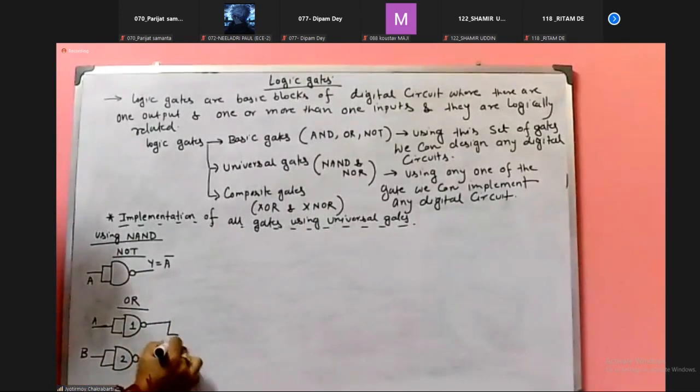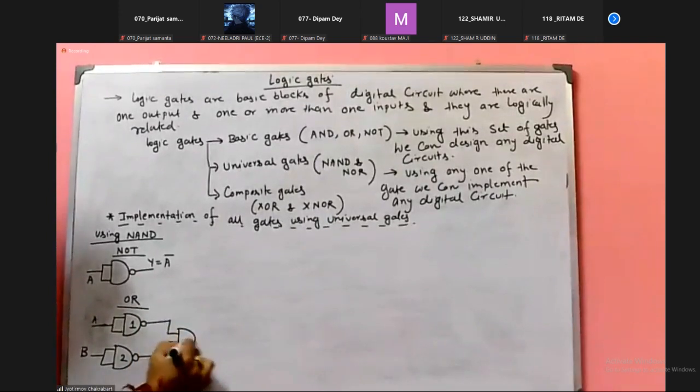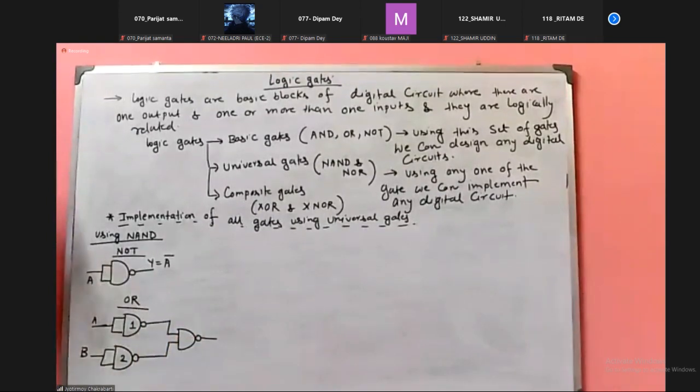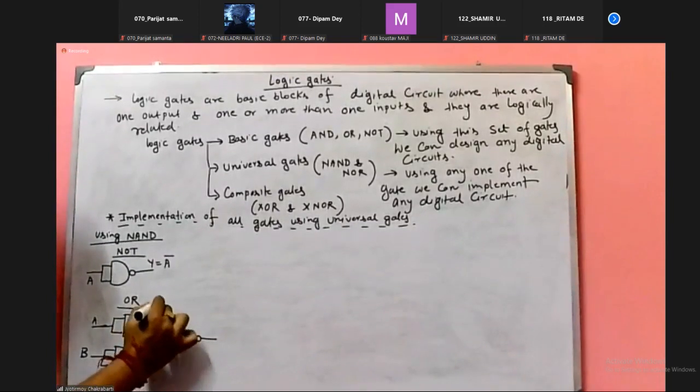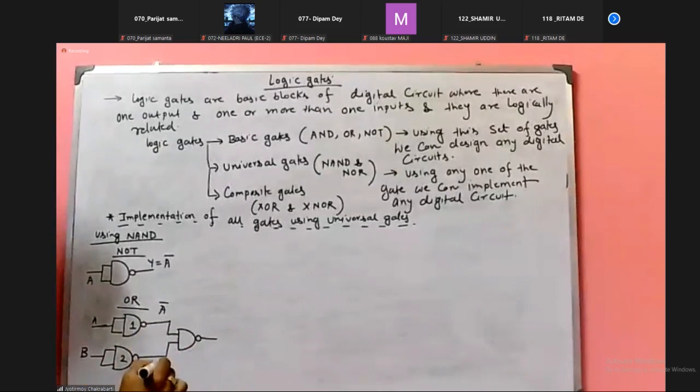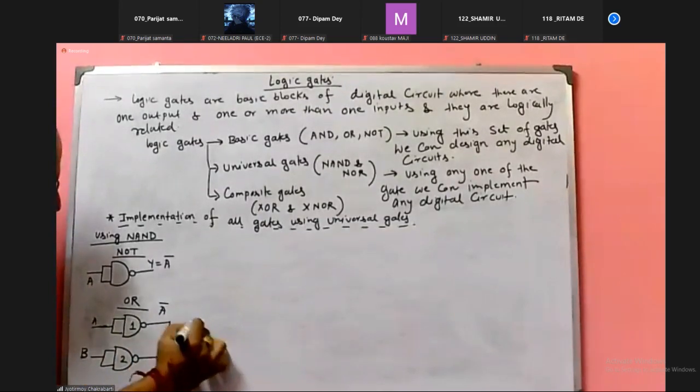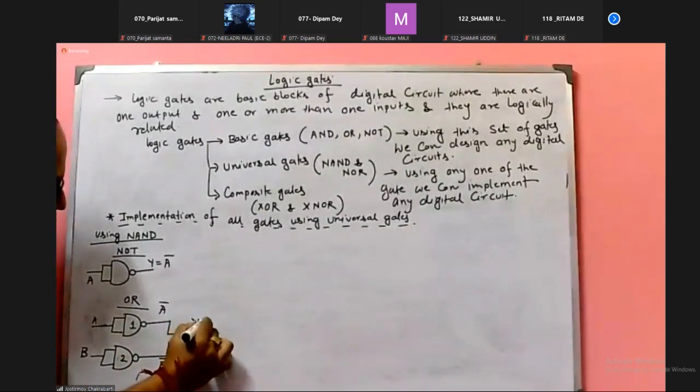The outputs are connected to this NAND gate. So this is A bar and this is B bar. What is the NAND function?